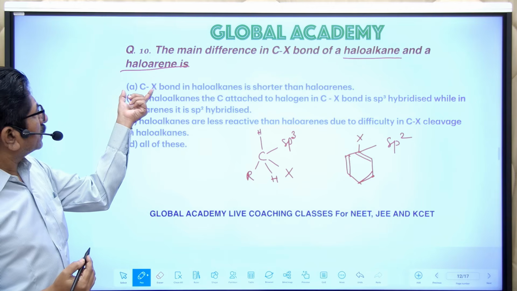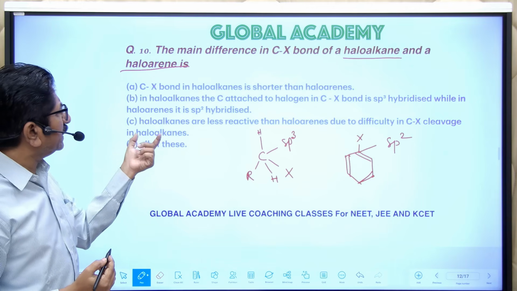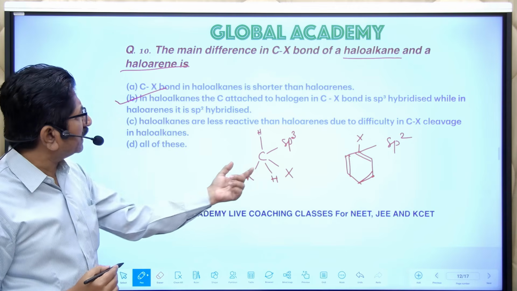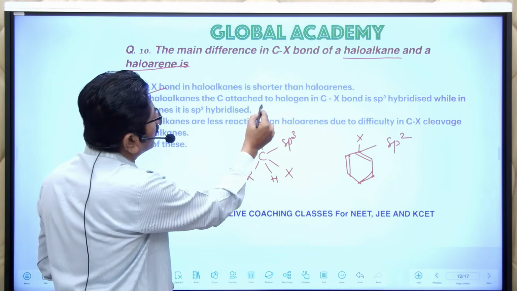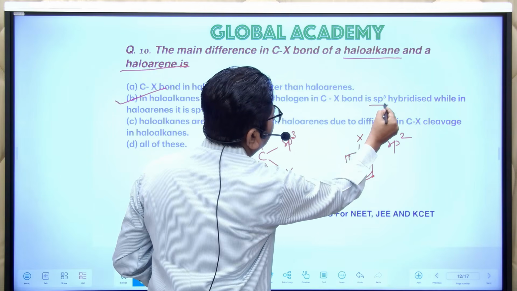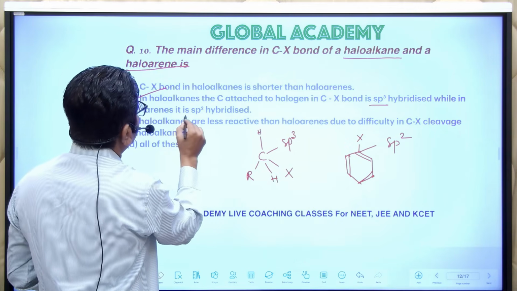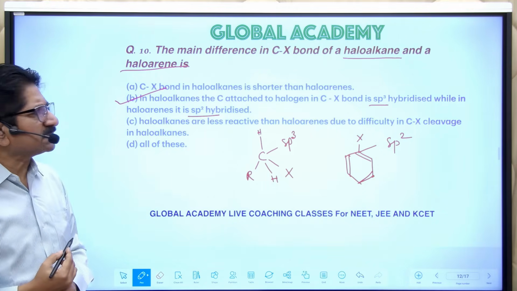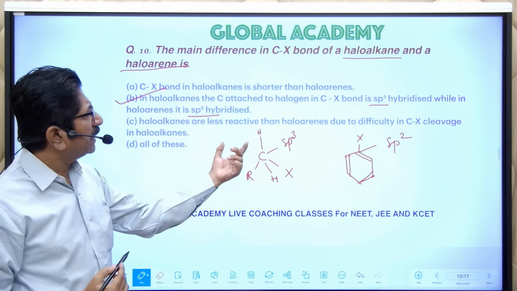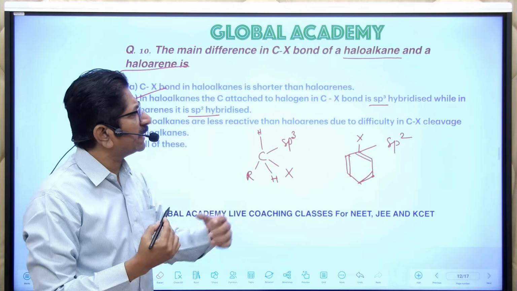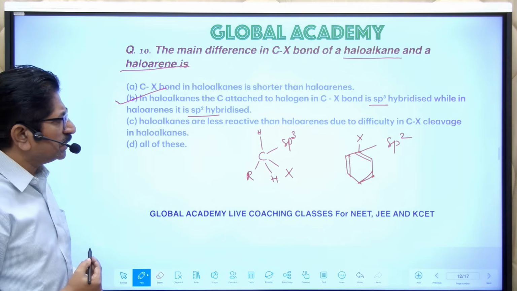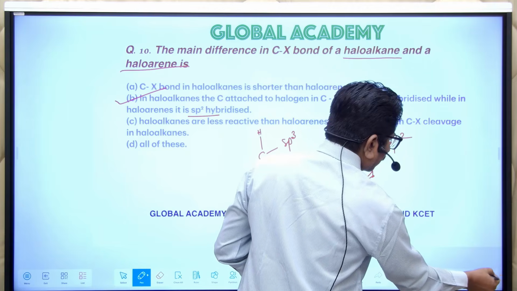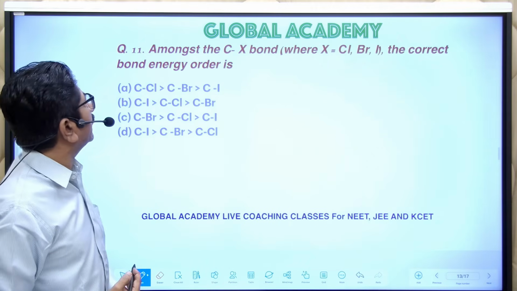So read options A, B, C, D, and according to the explanation I had given, in haloalkanes the carbon is sp3 hybridized, while in haloarene it is sp2 hybridized. So the right answer is B. So this is question number 10. Okay, we'll go to the next one.